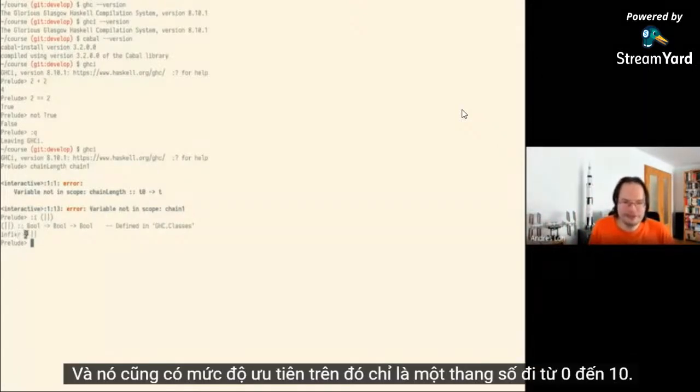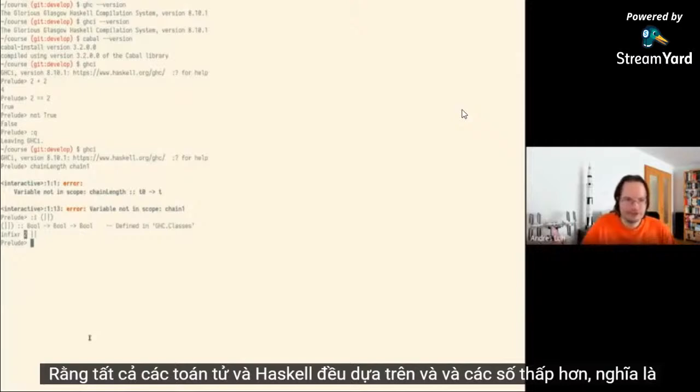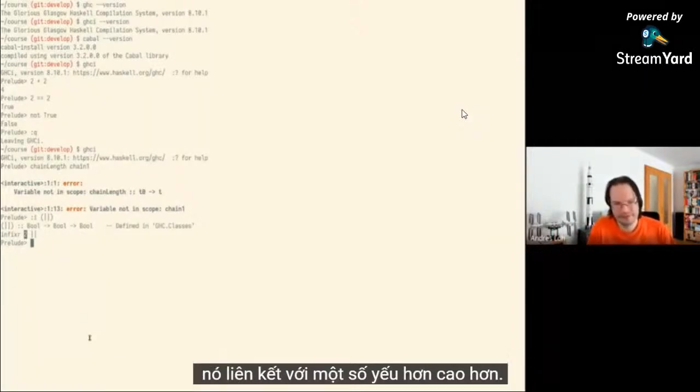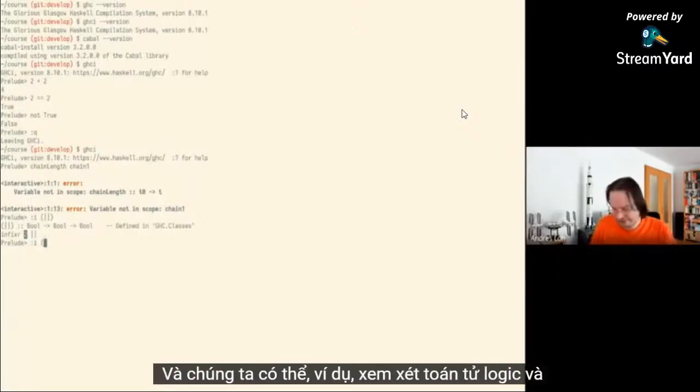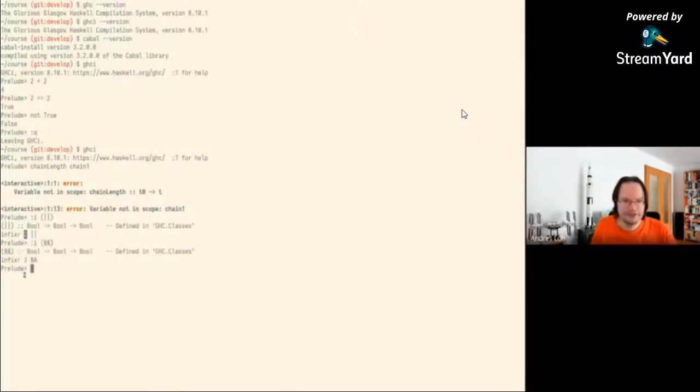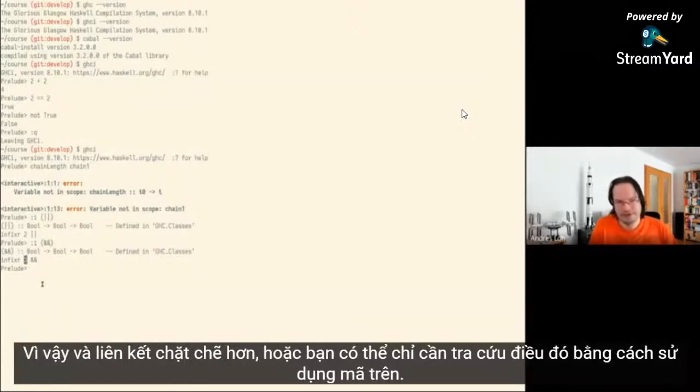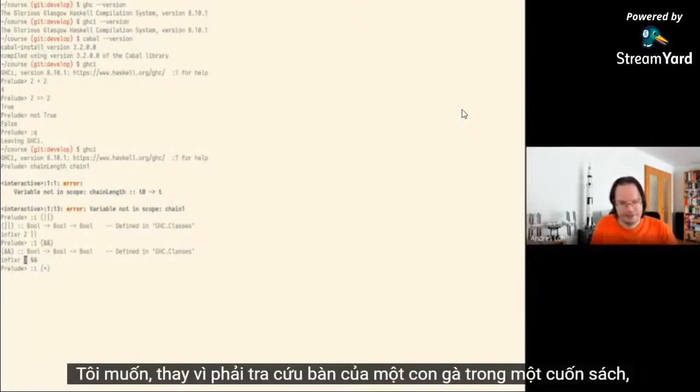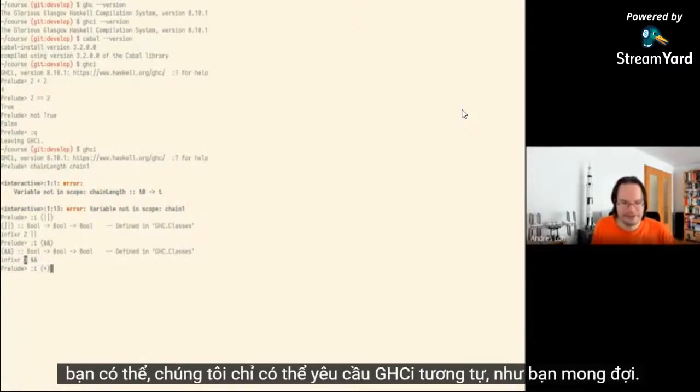And it has priority 2, and that is just a numeric scale that goes from 0 to 10 that all operators in Haskell are based on, and lower numbers mean it binds weaker than higher numbers. And we can, for example, look at that the logical AND operator has the priority 3, so AND binds more strongly than OR. You can just look that up using :i rather than having to look up one fixed table in a book. You can just ask GHCi.